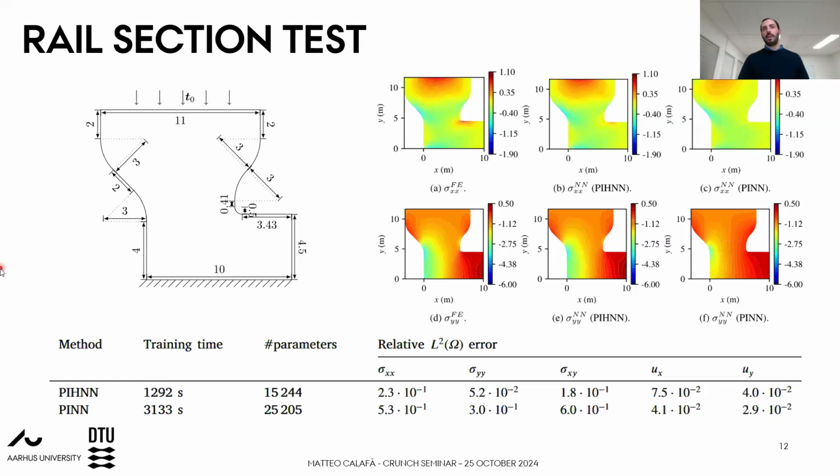As I mentioned at the beginning, the real challenge is to represent the stress concentration, the very high values that you can see in the finite element method at the stress concentration. This is the main challenge, and what makes the learning very challenging.